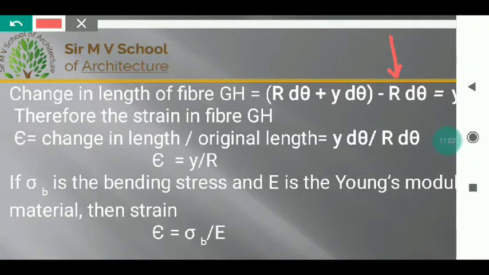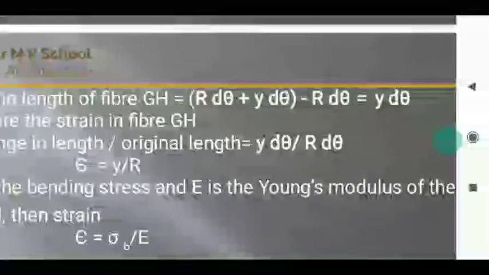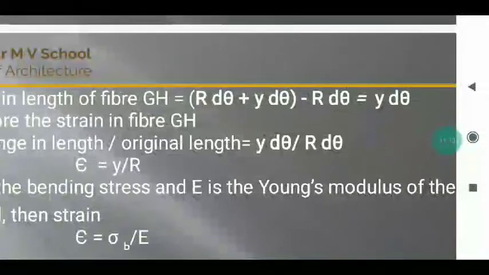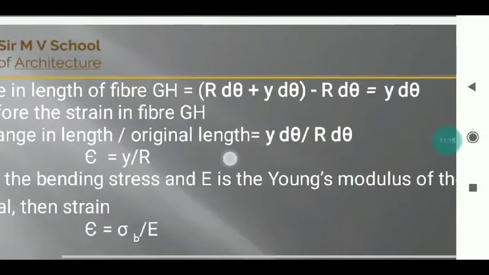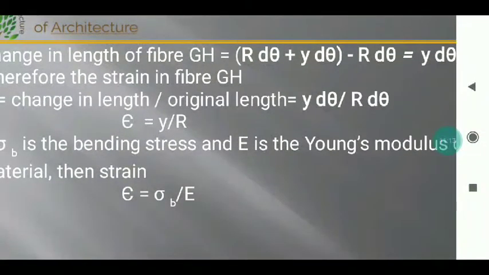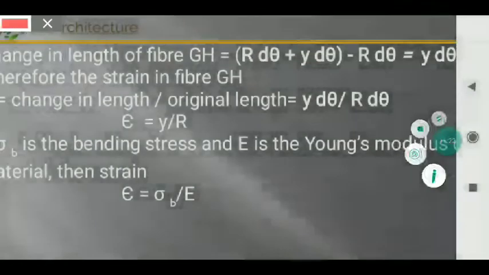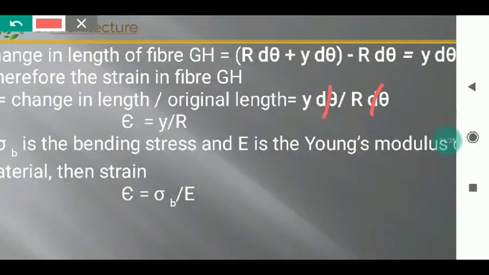So hence the difference between these two gives a value equivalent to Y del theta. The strain is equal to change in length by original length, so I get Y del theta by R del theta. The del theta cancels off here, and hence I get strain equal to Y by R.